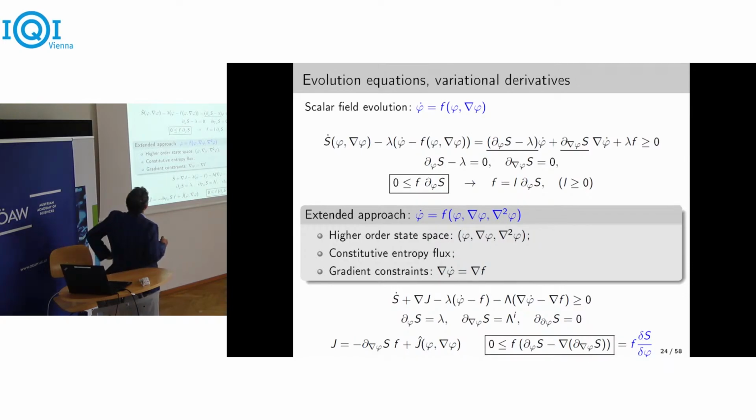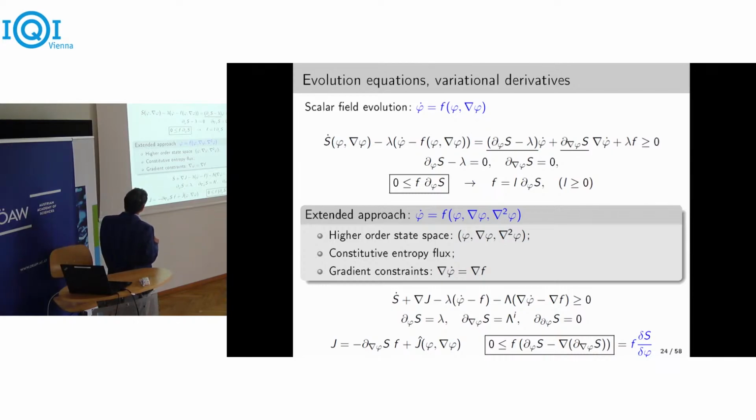And the example here is very simple. Actually, this notation is not very fortunate, but anyway, I have a scalar field evolution equation, and I want to understand what kind of restrictions should be applied if I assume that it is subject to the second law. So this is not some arbitrary equation from the empirical background, but the second law is required from the first.